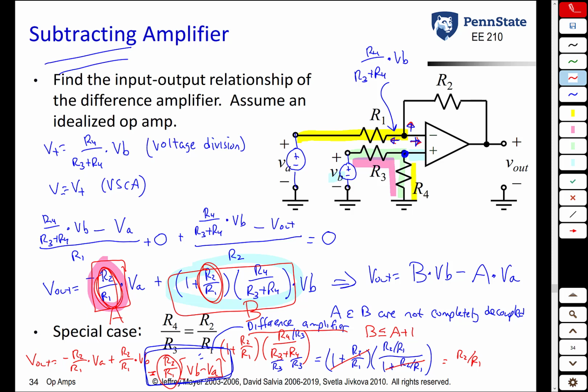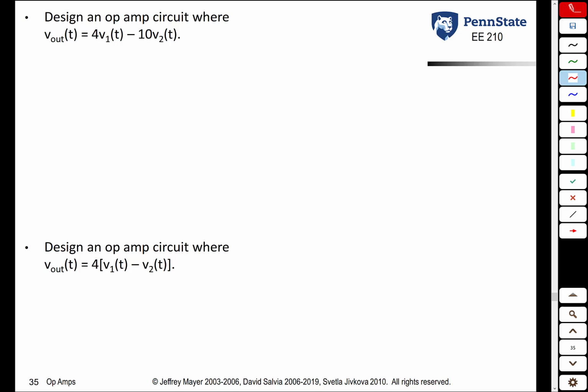Let's finish up this lecture with two more design examples. Both of these are related to the subtracting or difference amplifier. The first one is we want to design an op-amp circuit where the output is 4V1 minus 10V2. So basically we're subtracting V2 from V1, but we're scaling them differently.